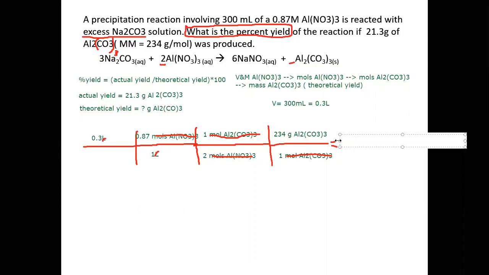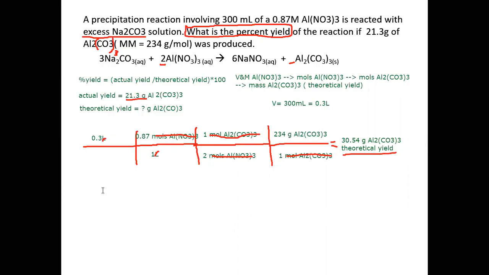And we get 30.54 grams. Again, this is called the theoretical yield. Double check. So now we have the theoretical yield, and by the way, the theoretical yield should be greater than the actual yield, which it is, so that's a good sign.